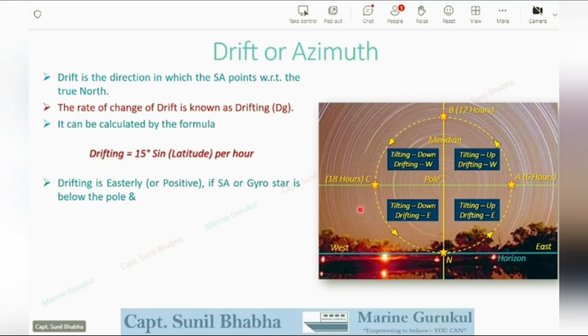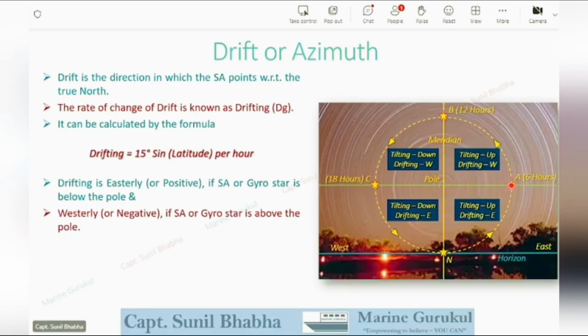As you can see in this diagram, from point Charlie to point November to point Alpha, in this semicircle, the gyrostar or the spin axis is below the pole. The height of the pole is represented by the green line, and whenever it is below the pole, the drifting is easterly. It is also considered as positive, a sign convention which we use. And the drifting is westerly or negative if the spin axis or gyrostar is above the pole.